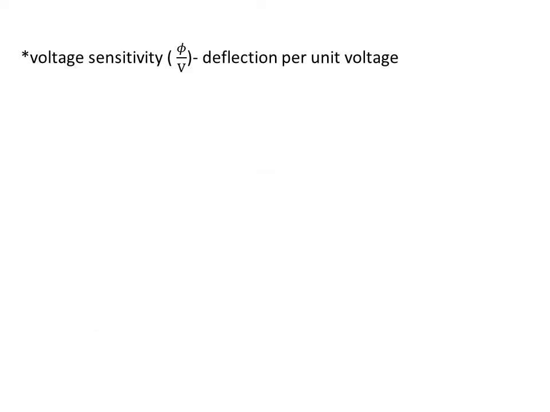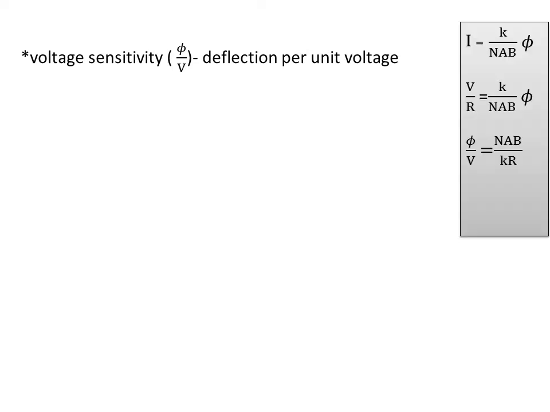Another term we have to study in relation with this topic is voltage sensitivity. It is deflection per unit voltage, phi by V. Let us find the value of voltage sensitivity for the voltmeter we have made. We know that for a moving coil galvanometer, I is equal to K by NAB into phi.